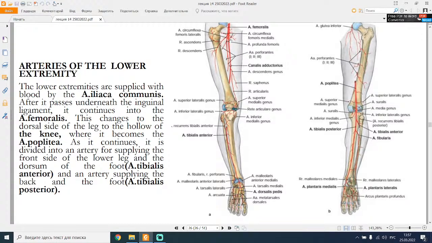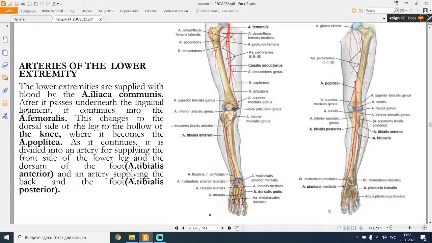This is arteria femoralis in the canalis adductorius. As it continues, it divides into arteries supplying the front side of the lower leg and the dorsum of the foot. Arteria tibialis anterior.